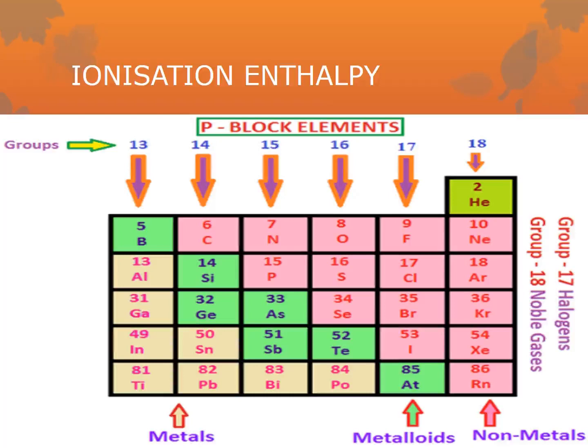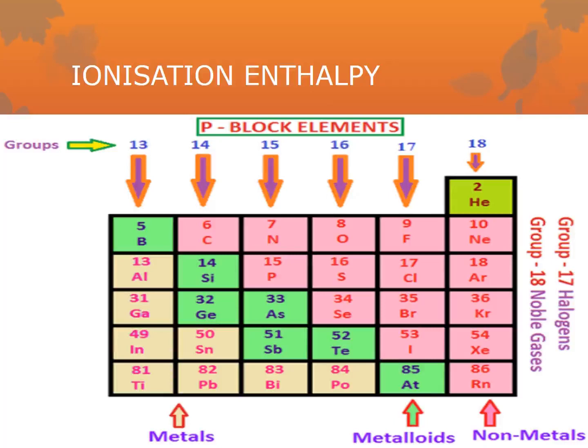In group 14 elements, carbon is a non-metal, while silicon and germanium are metalloids, and the remaining two are metals. In group 15, nitrogen and phosphorus are non-metals, the next two are metalloids, and the final one is a metal. All the elements of groups 17 and 18 are non-metals, except only one metalloid. Tellurium is a metalloid, okay children, have you understood?